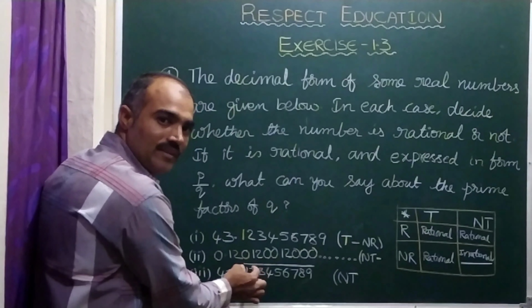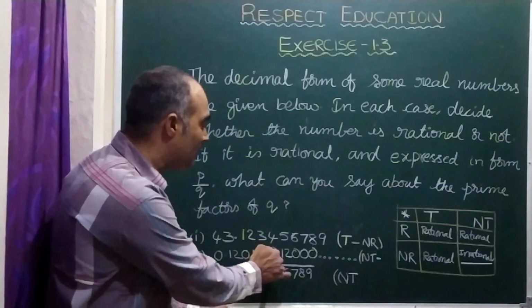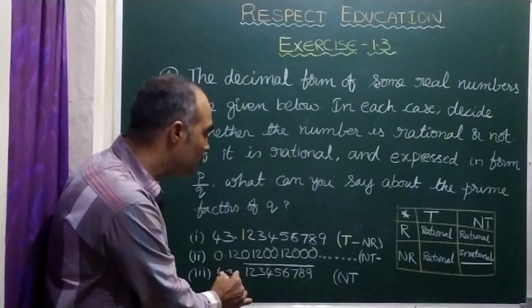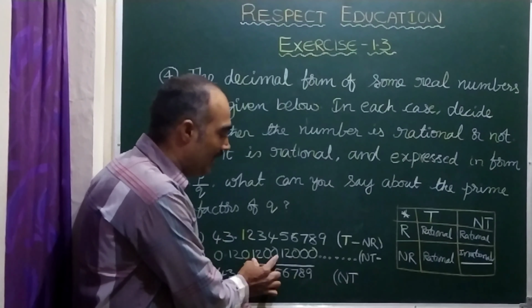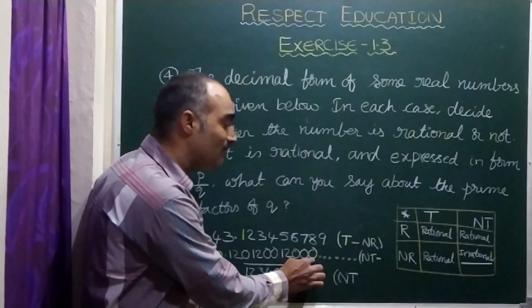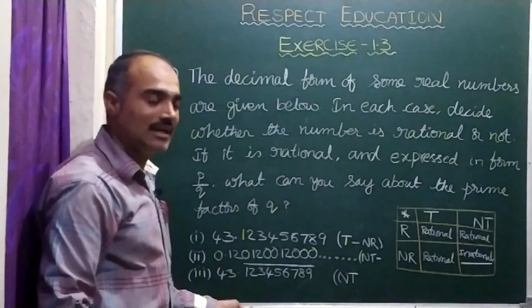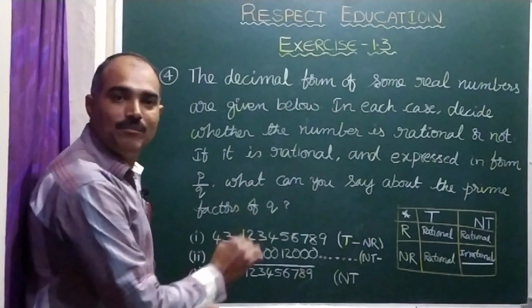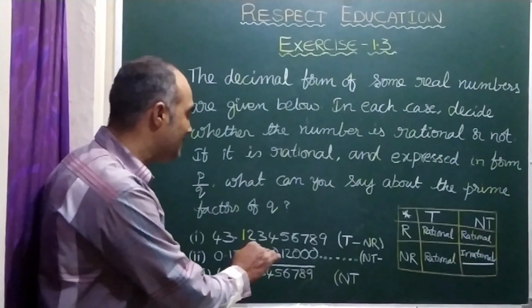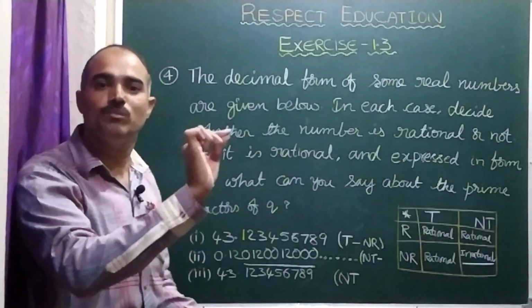2 0, again 1 2 0, and then one more 0 comes, so exactly 1 2 0 did not come there, right? Then 1 2 0 0, again 1 2 0 0 is there, but again one more 0 is there. Here no number is getting repeated; repeating means it should give us a chance to put a bar.